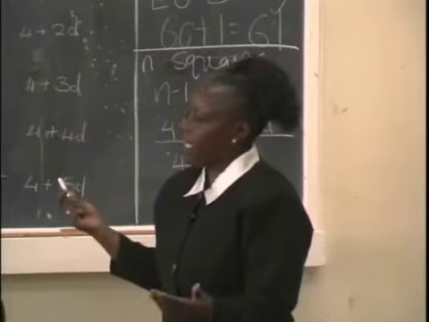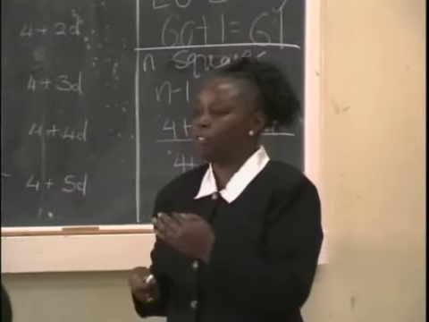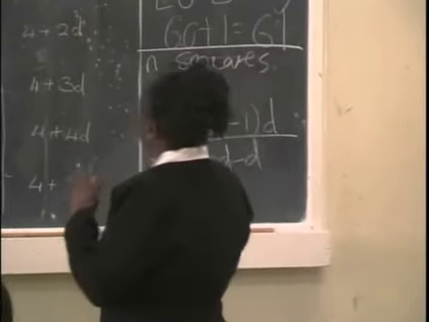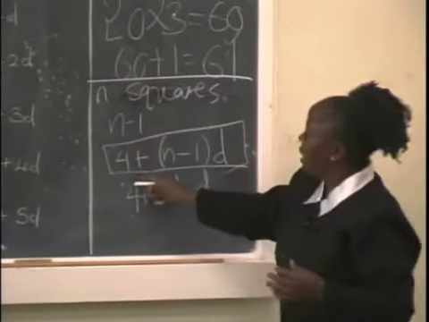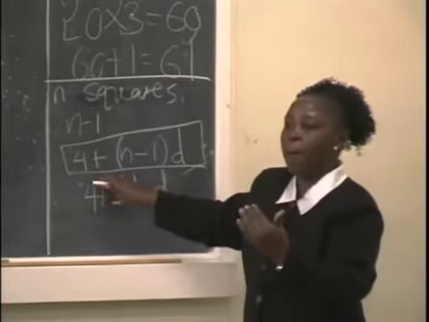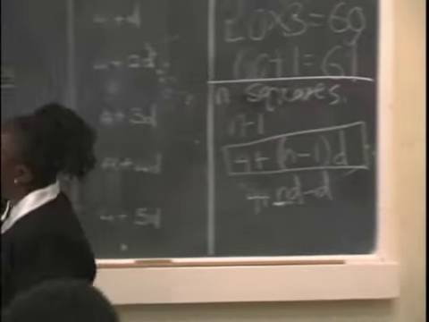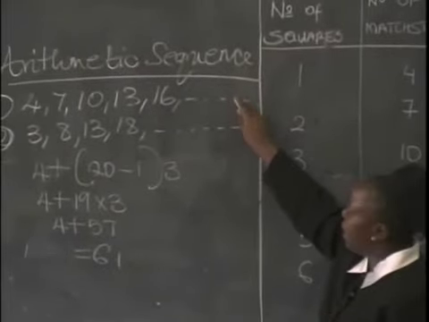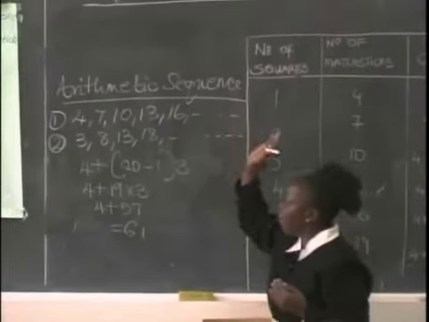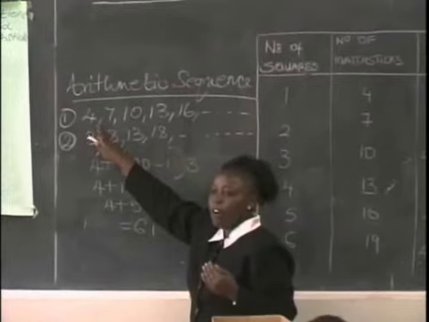And n is that term we are looking for, okay? And this is now the general way of getting the nth term of this particular sequence, where our first term is 4 and the difference is 3.